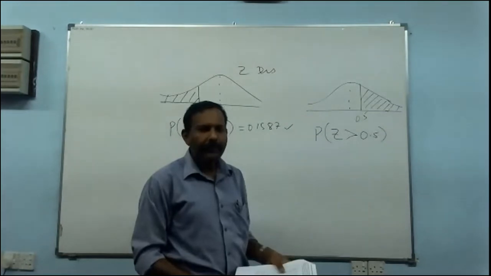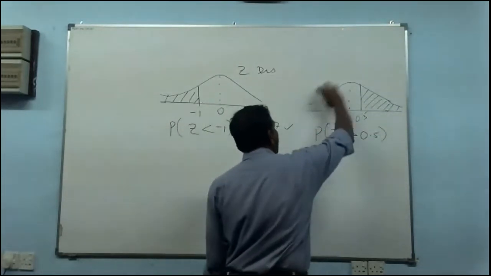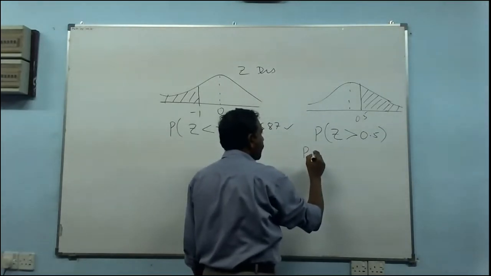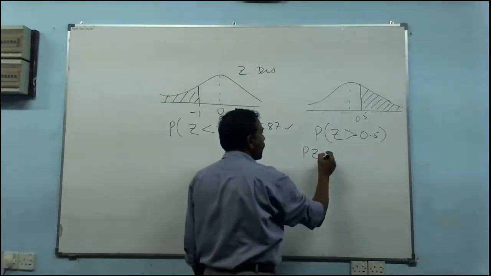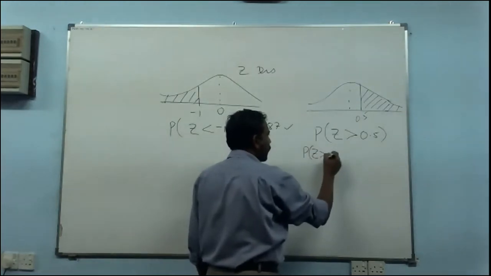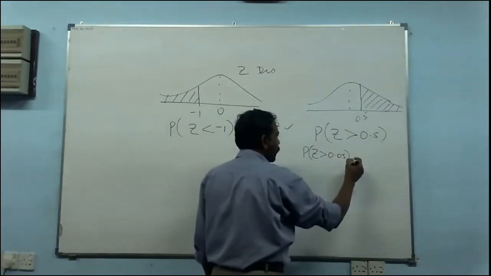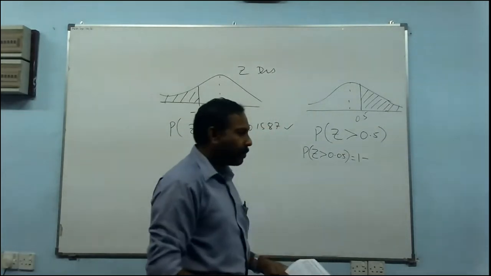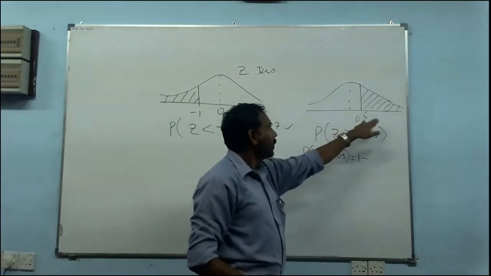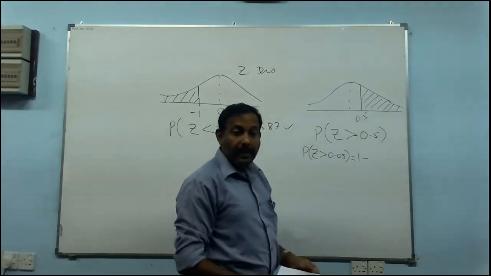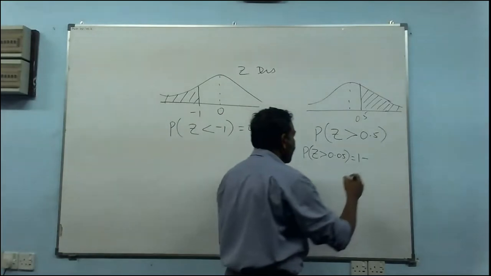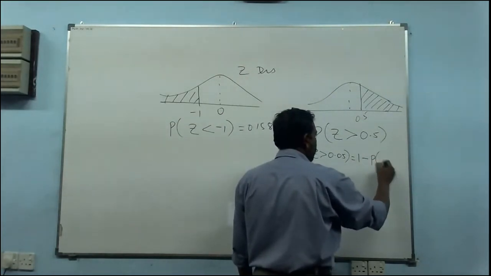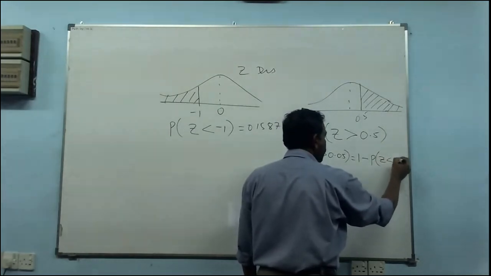The total probability is 1, so probability of z greater than 0.5 is 1 minus the probability of z less than 0.5.